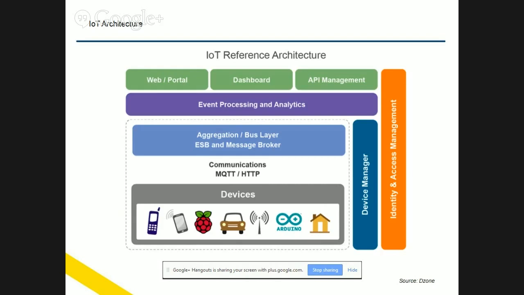Come to what is called event processing. So for example, the data from your devices, say you have a thermostat at home, one of the devices, and it is pushing data to the cloud, and you want to take certain actions based on the temperature setting.